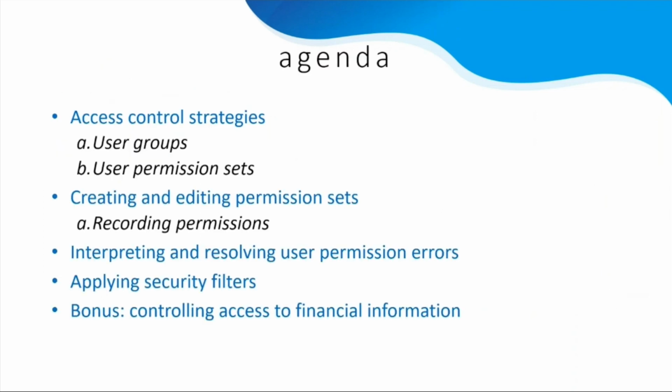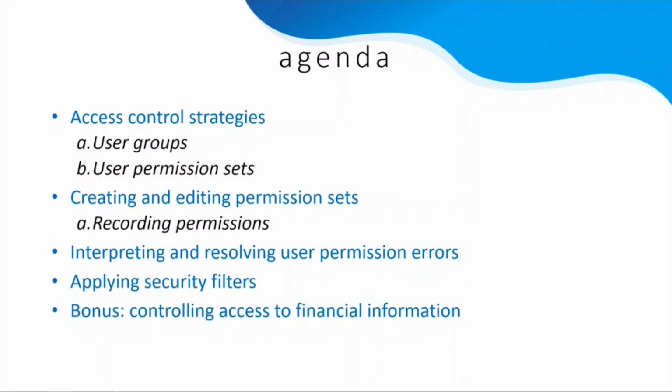Perfect. Let's kick off with the agenda that we will be covering in today's training session regarding security management in Business Central. We'll kick off with access control strategies, where we will tell you more about user groups and user permission sets, followed by creating and editing permission sets, specifically concentrating on how to record permissions in Business Central, which will then be followed by interpreting and resolving user permission errors, where we will take you through how to find a user error and what type of permission or permission set needs to be added to the user groups.